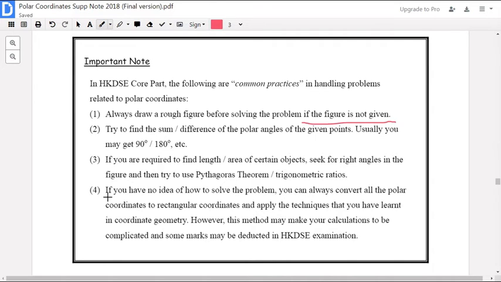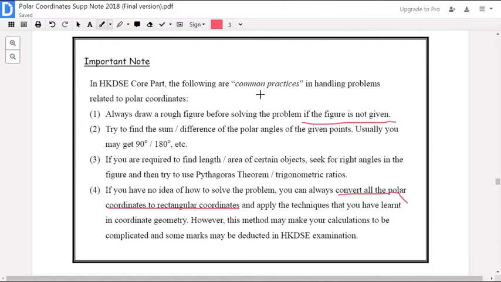Now, the last point: if you have no idea how to solve a problem involving polar coordinates, you may always use the method I have introduced before to convert all the polar coordinates to rectangular coordinates. Then apply the usual techniques that you have learned in junior forms about rectangular coordinate geometry.